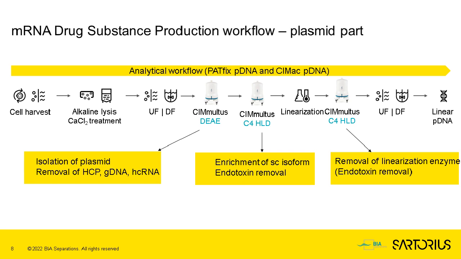And I want to spend a few minutes on this question in a minute. But before I go there, I want to just mention what are the key purification steps to separate out plasmid from other E. coli impurities.